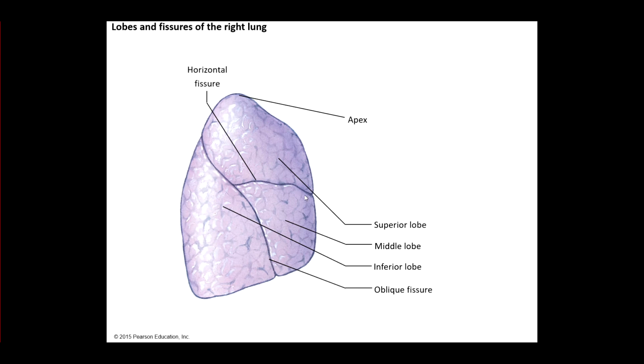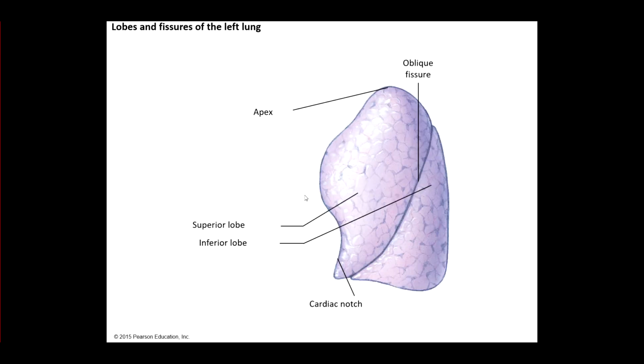How about the left lung? The left lung, if you notice, also has an oblique fissure, so that we have one, two lobes. But notice there's no horizontal fissure. Right, so that's why it's different. So that would just be the oblique fissure. Now you're going to call this lobe the superior lobe, and this one the inferior lobe.